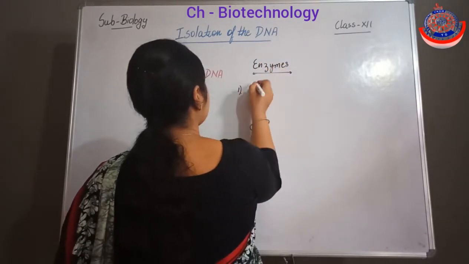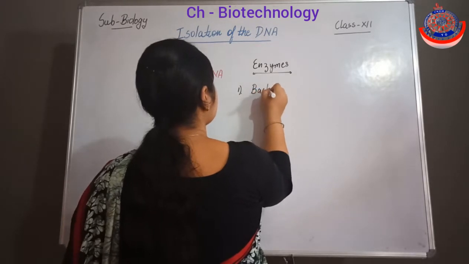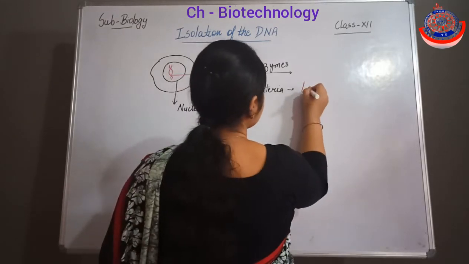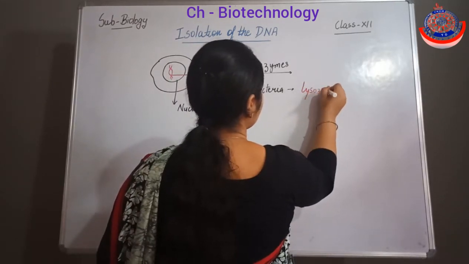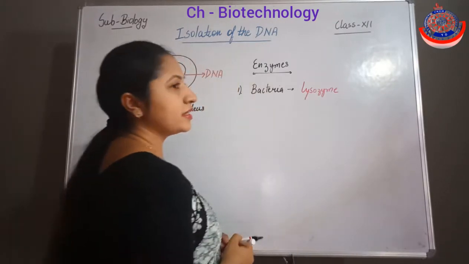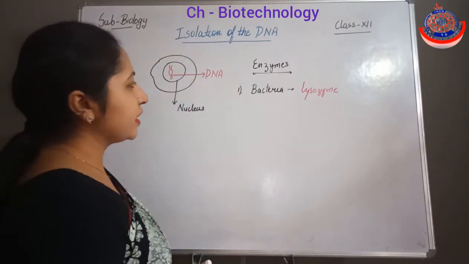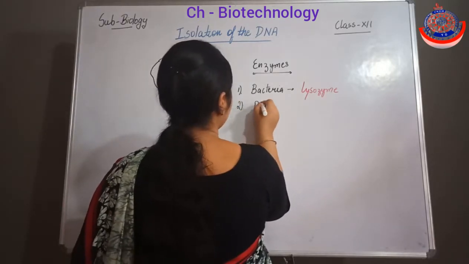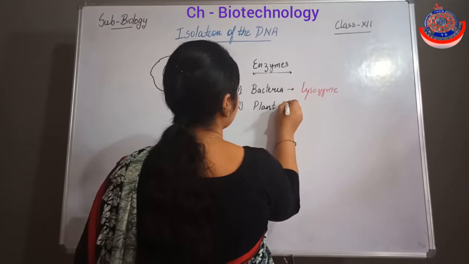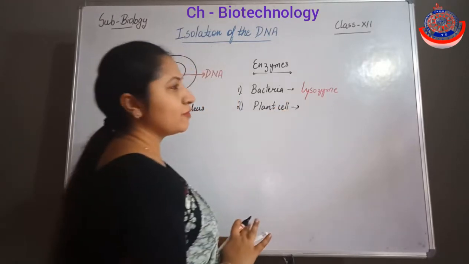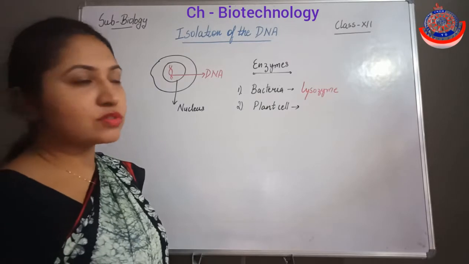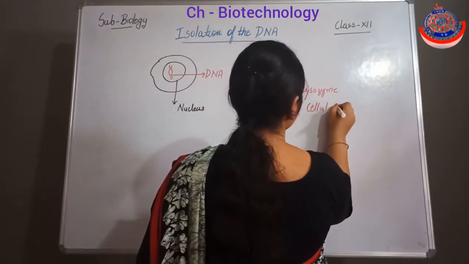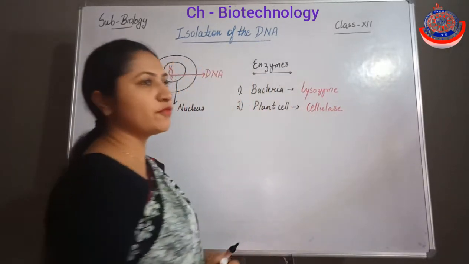In case of bacteria, which enzyme is used? That is lysozyme, the enzyme used for cleaving the membranes of the bacteria. And in case of plant cells, as the cell wall contains cellulose, that's why the cellulase enzyme is responsible for cleaving.